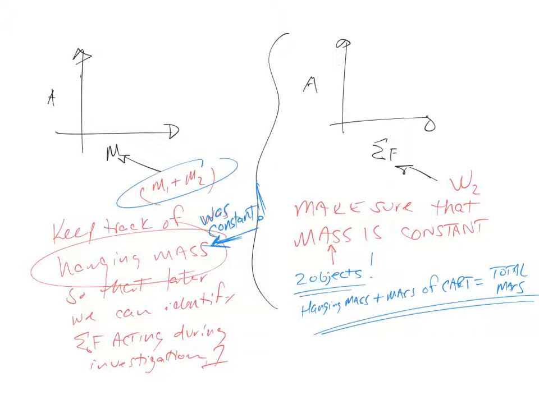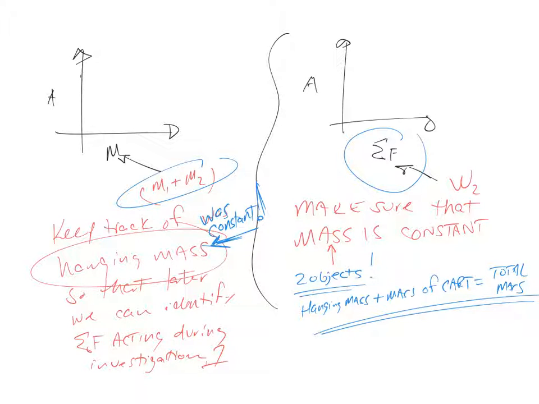Tomorrow in class, I'm going to ask you, how do you keep the total mass constant while changing the net force? How are you going to make net force your independent variable and change it while you keep the total mass constant? There's actually a cool way of doing this. You have to think about it, though.